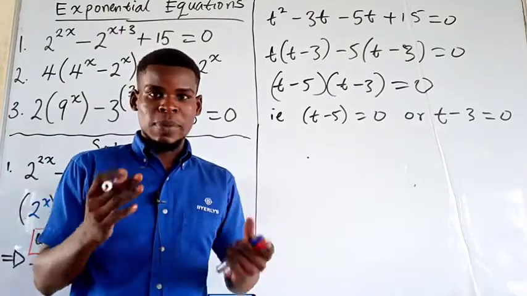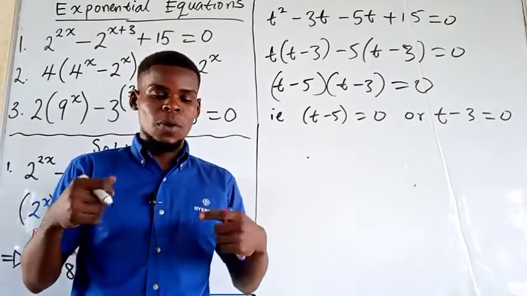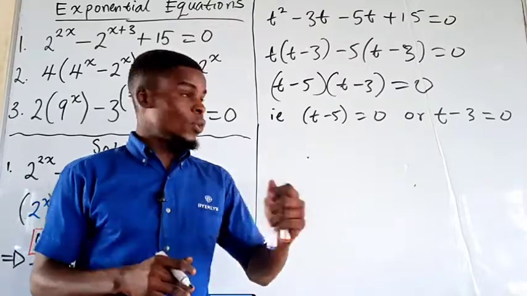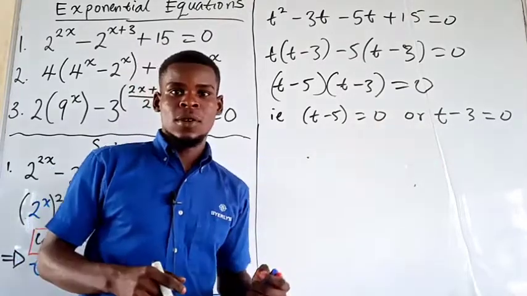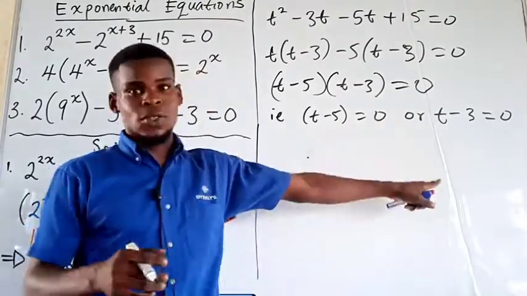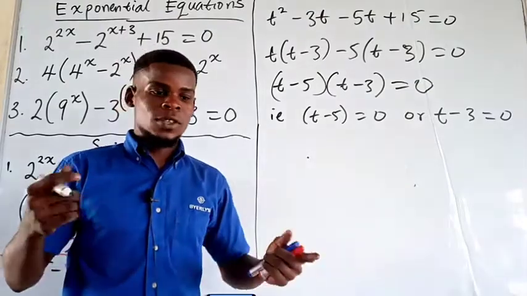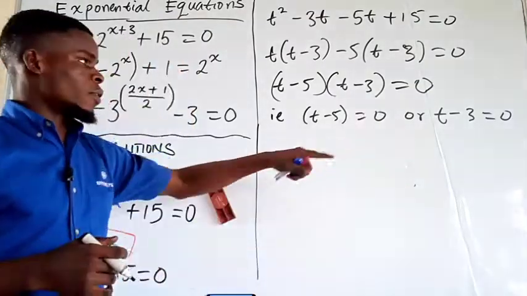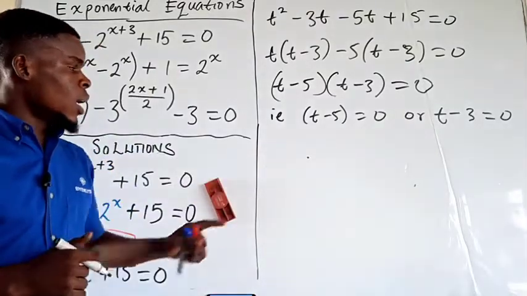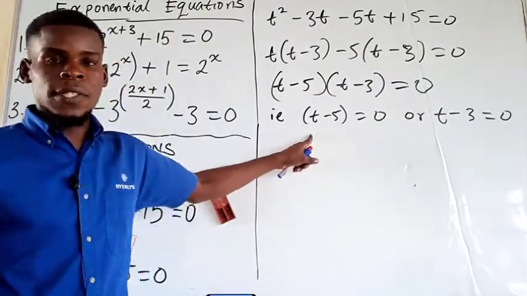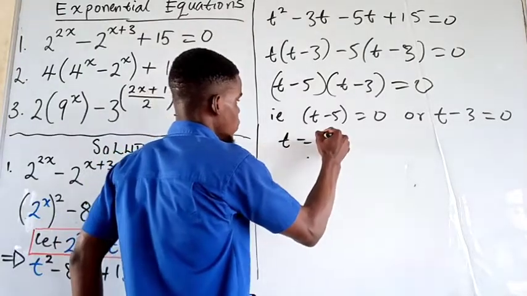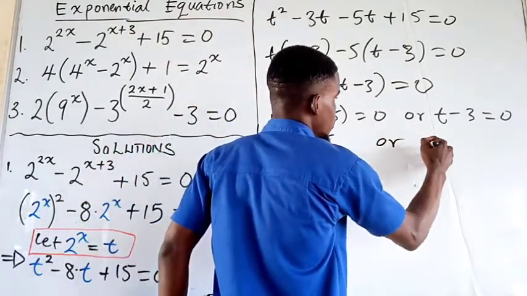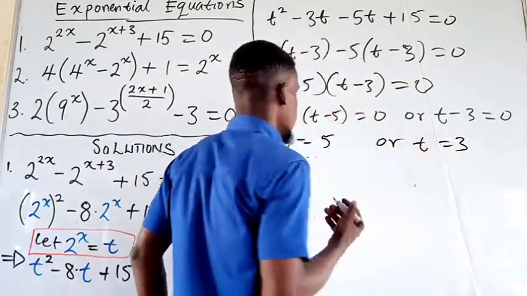Multiplying numbers together to have 0, one of them must be 0. So that's why we are equating that. Here we can simply solve for the value of t. Here t is equal to 5 or t is 3.